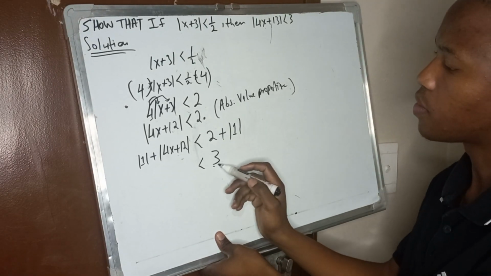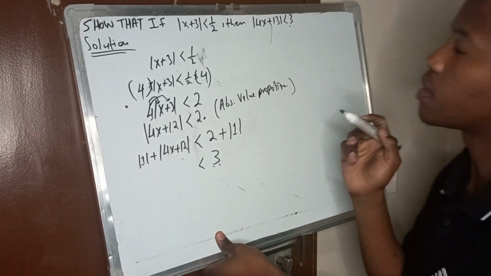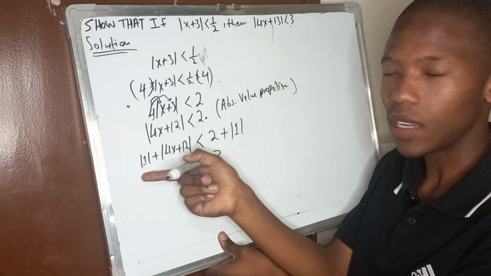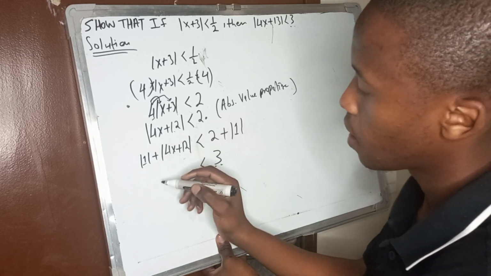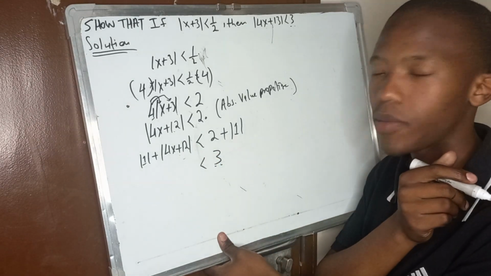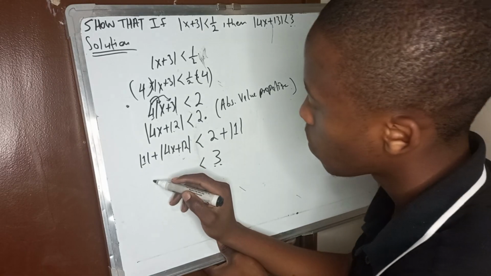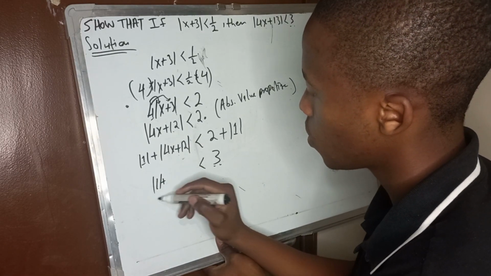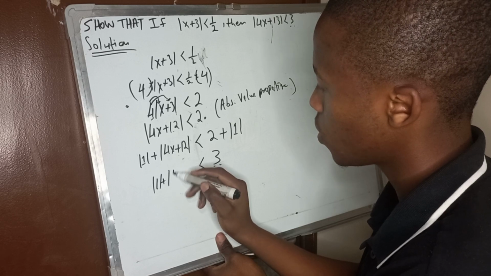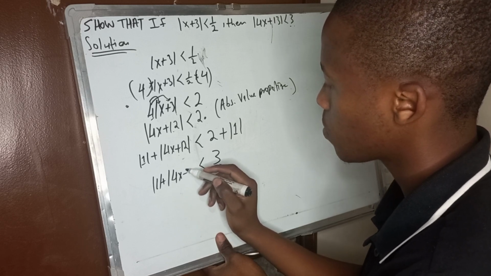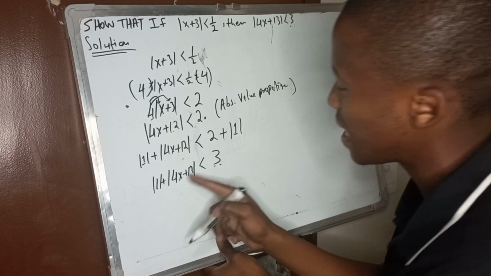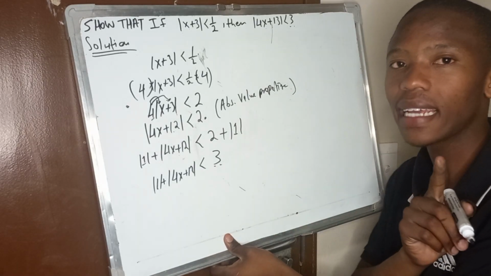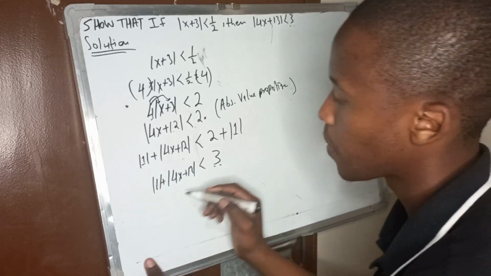Wow, now we have this 3, and then we have 3 there. Let's deal with this now. How do we add absolute values? The absolute value of 1 plus the absolute value of 4x plus 12 is less than 3. But remember the triangle inequality theorem.